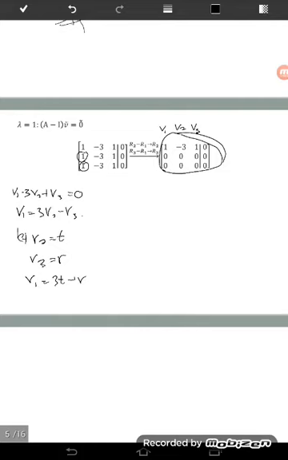Okay, so after that, so we have the eigenvector V which is equal to 3T minus R, and then T and then R. For R and T element in a real number, so that R cannot equal to 0 and T also cannot equal to 0. Or you can write down this one.